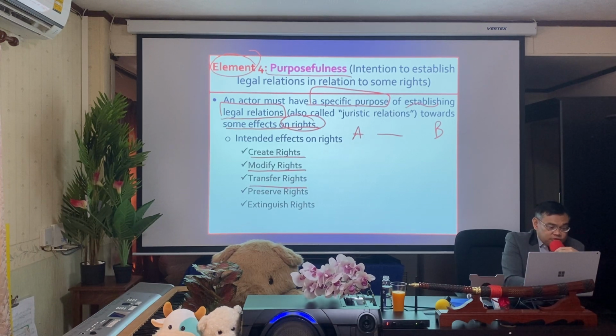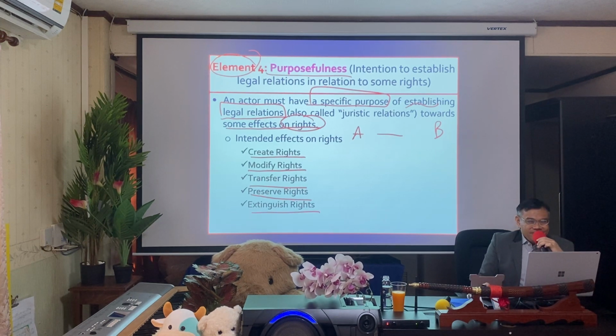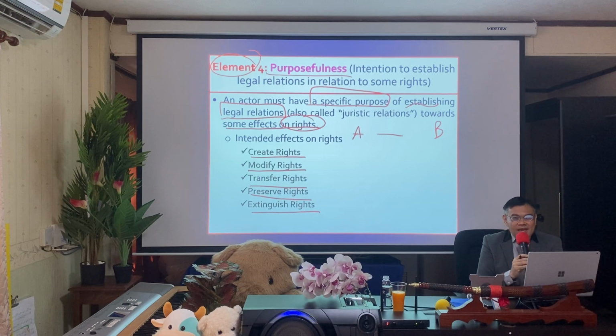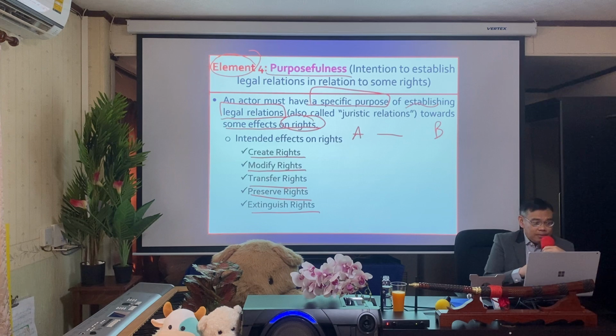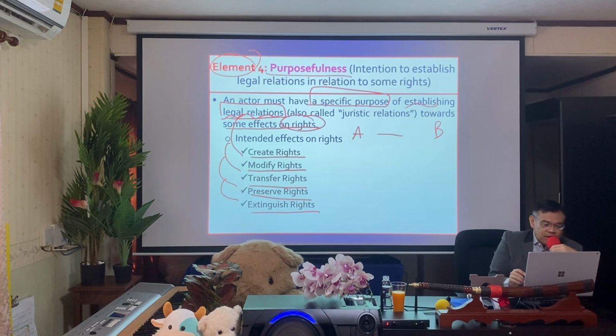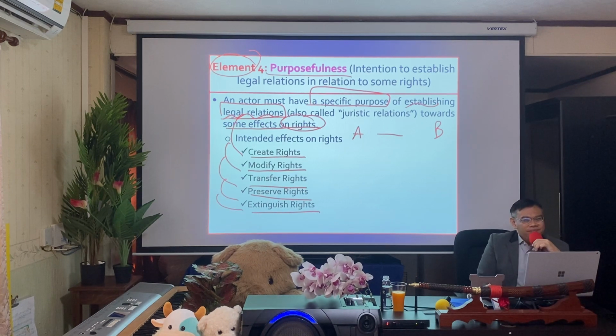Maybe they want to preserve rights or even extinguish rights. So when A and B want to make a juristic act, they need to intend to establish some legal relations in order to create rights, modify rights, transfer rights, preserve rights, or even extinguish rights.